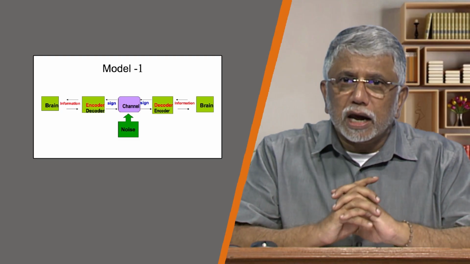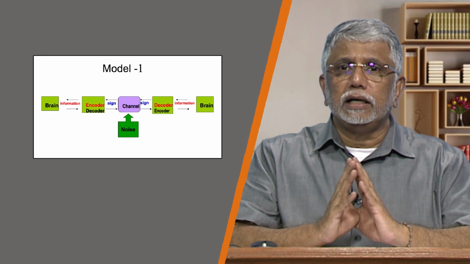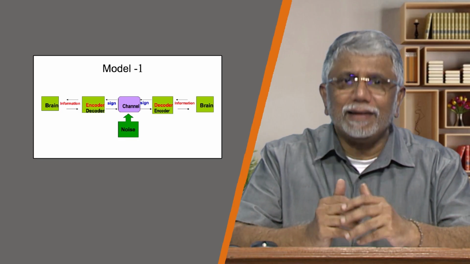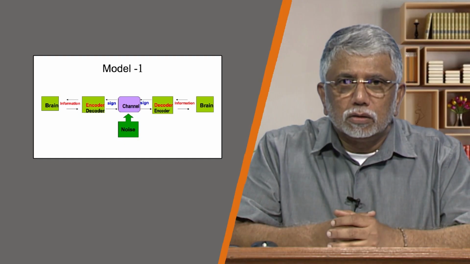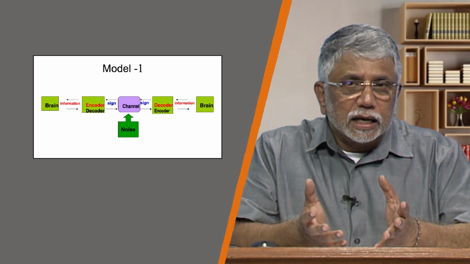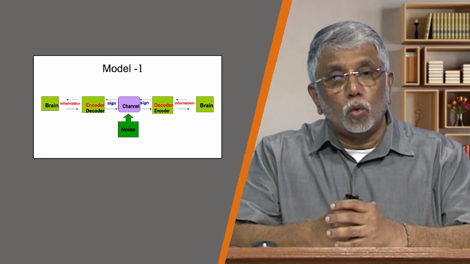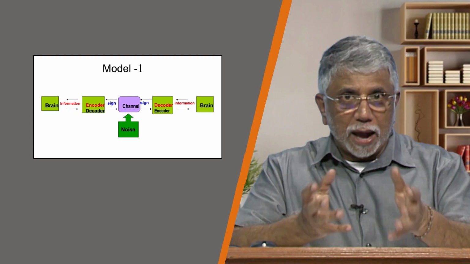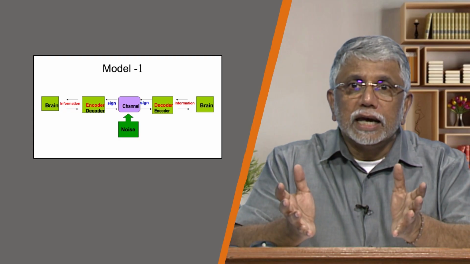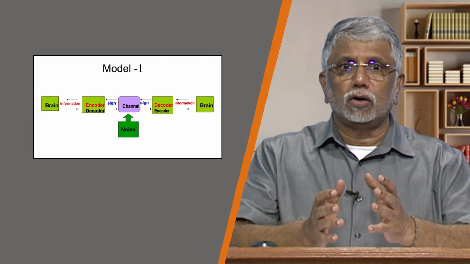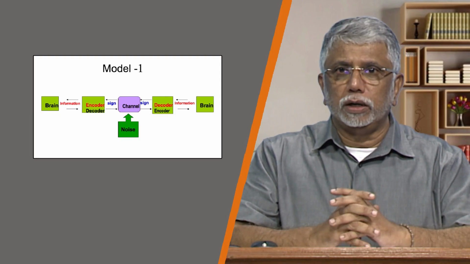Because every encoder is in reverse a decoder as well. When one is sending out information, the apparatus functions as an encoder. When one is receiving information, the apparatus works as a decoder. So, it functions as both encoder and decoder.